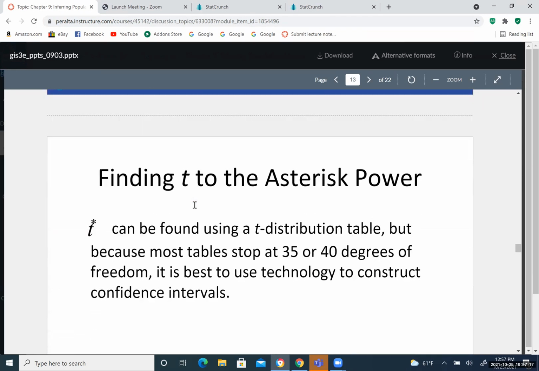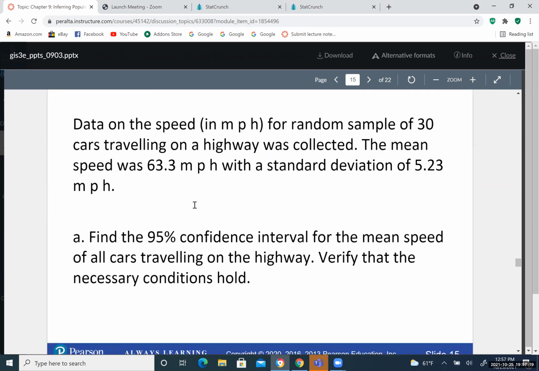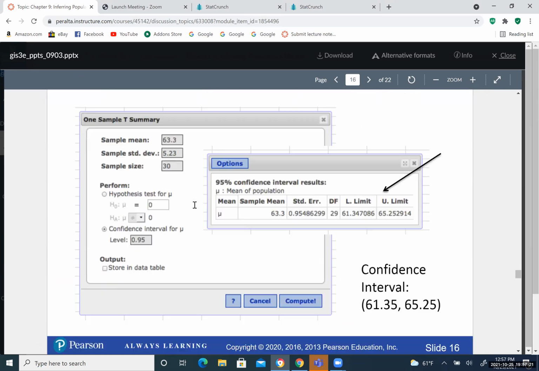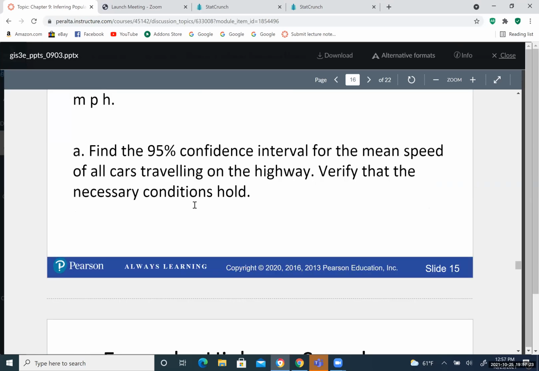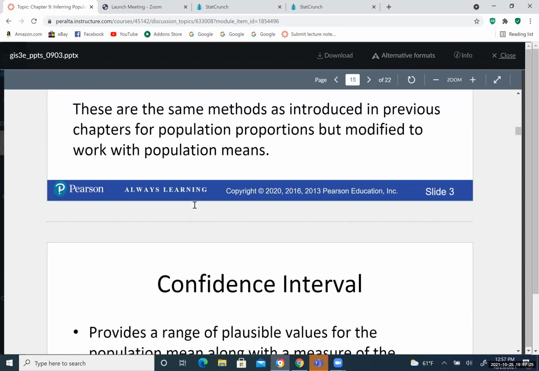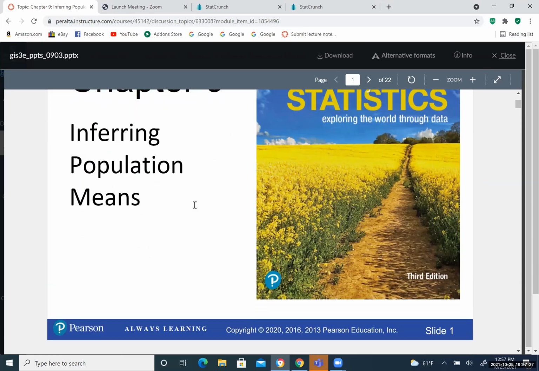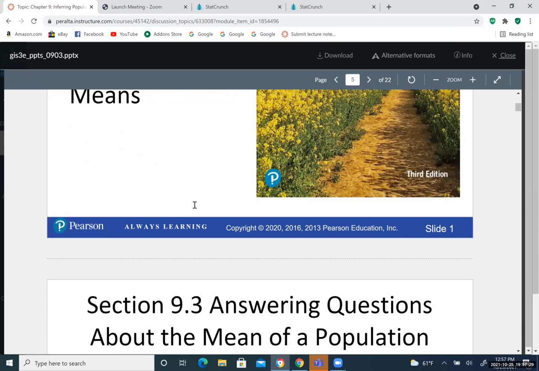If they don't mention it, you don't have to worry about it, because it might not be for this class. They just introduce the t distribution and what it looks like.